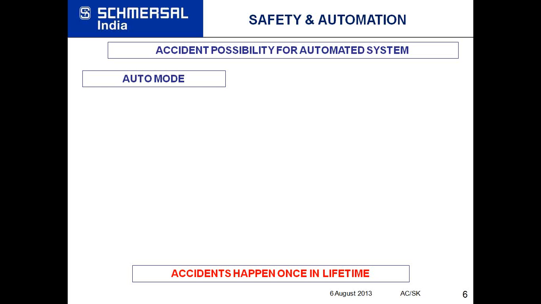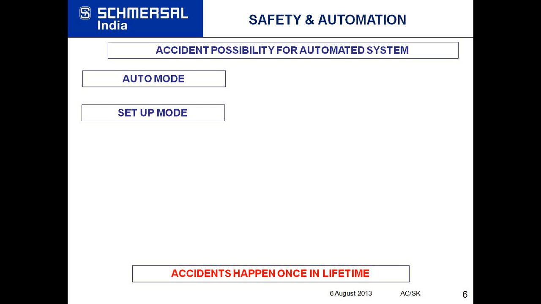So the various modes of operations, like auto mode, we all know it is automated mode where less human interference is required. But what about setup mode? When we set up our machine for the first batch or the first product, or the process, what about that particular mode of the machine?